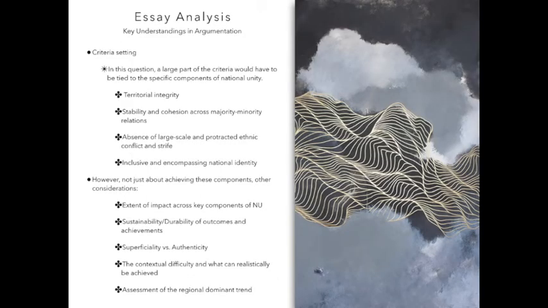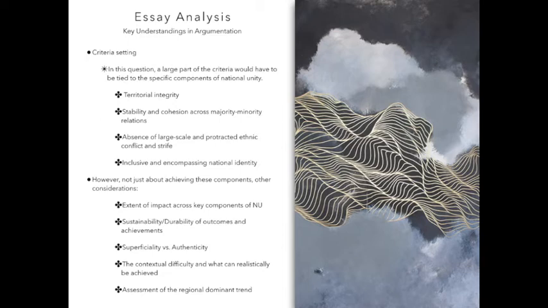However, I would like to introduce a further layer of criteria that we should consider, integrating them into our explanations, our analysis as well, putting them into our arguments to take it to a higher level. So we have those 4 indicators of national unity.